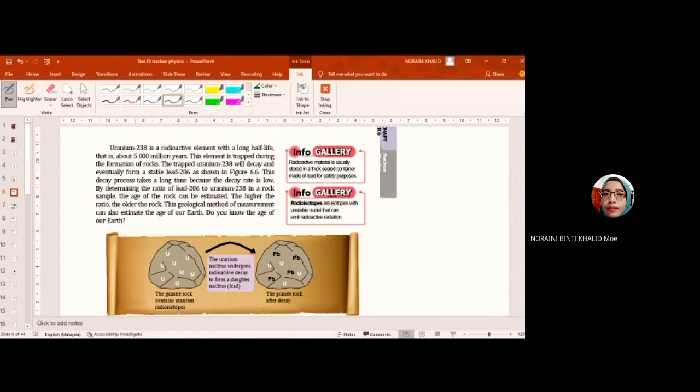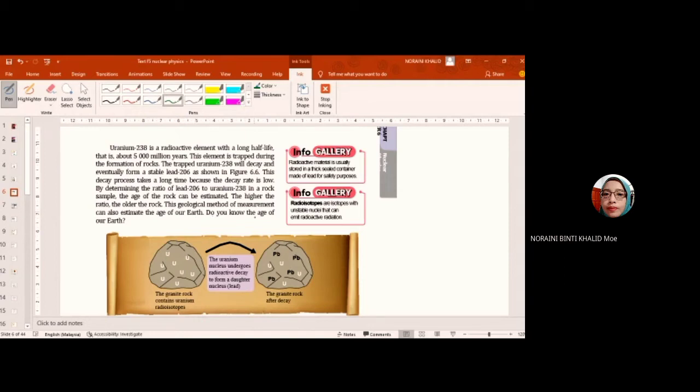This decay process takes a long time because the decay rate is low. By determining the ratio of lead-206 to uranium-238 in a rock sample, the age of the rock can be estimated. The higher the ratio, the older the rock. This geological method of measurement can be used to estimate the age of our Earth.